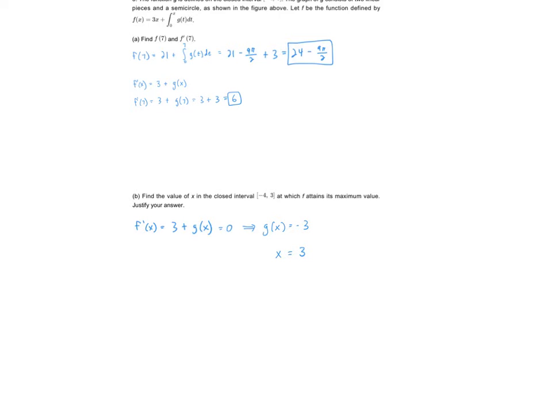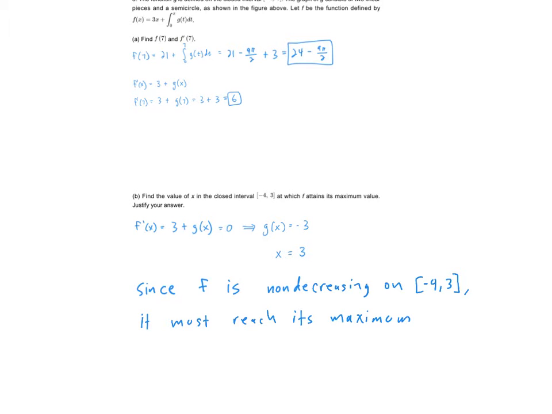So just say something like, since f is non-decreasing on this interval, it must reach its maximum at the right endpoint, which is x equals 3.